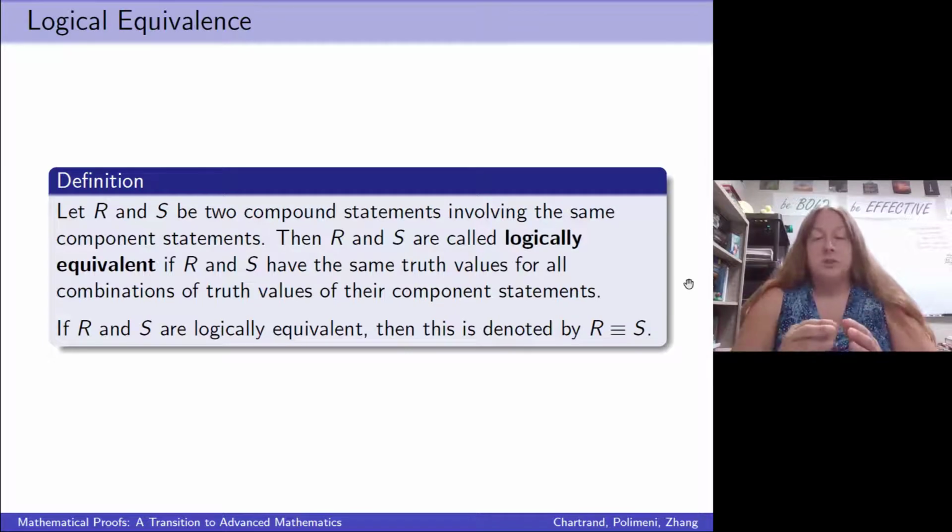If they're logically equivalent, then we write one of the statements, then a trio of horizontal lines, like an equal sign with one more, and then the other statement. And we read this, R is equivalent to S.